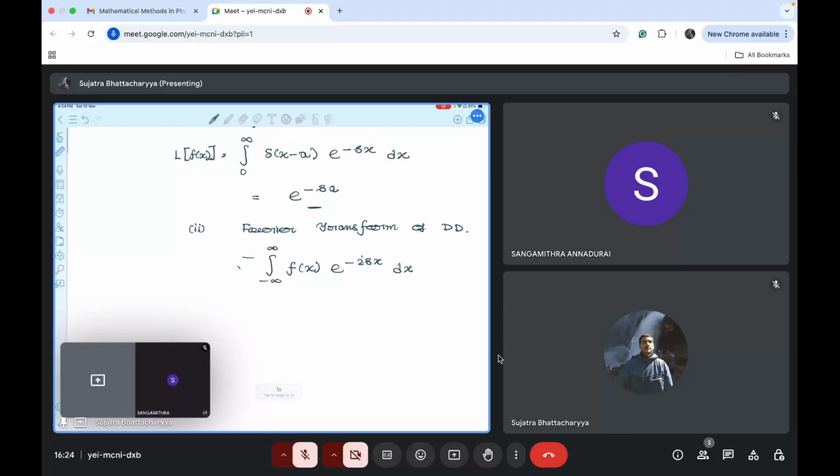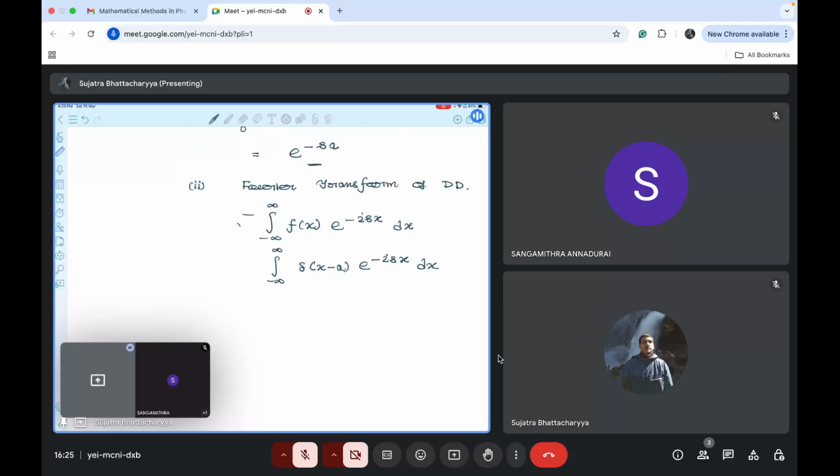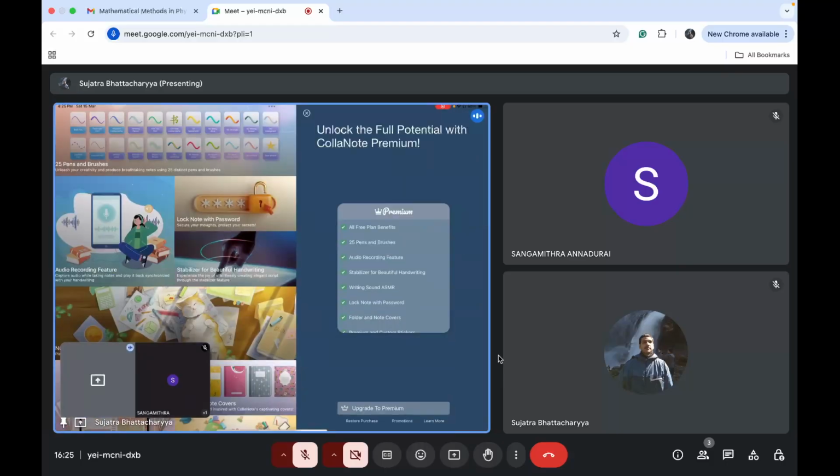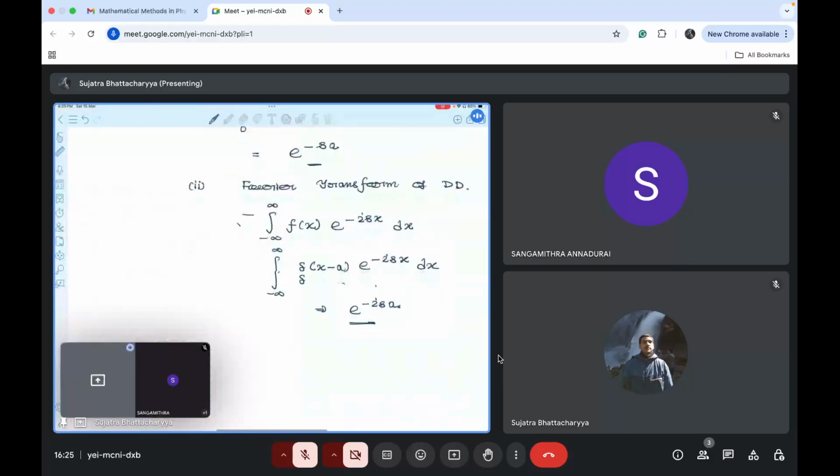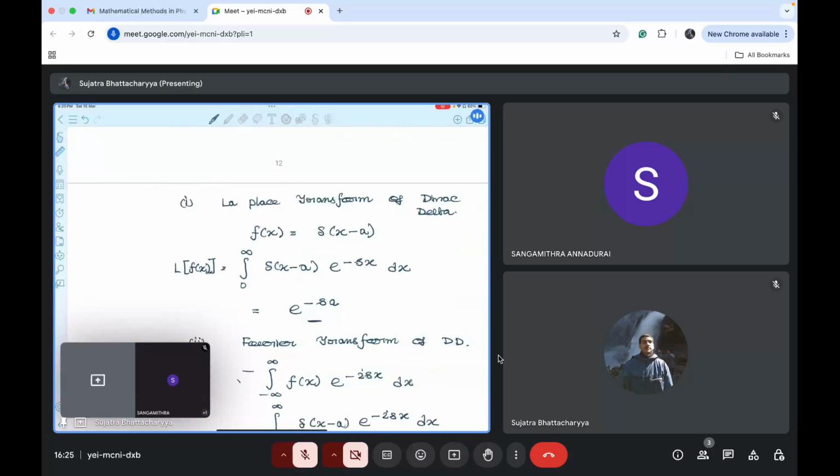So for the Dirac delta, you have the integral from minus infinity to infinity of delta(x minus a) e to the power minus iota s x dx. So finally we will get e to the power minus iota s a. Along with that, you can put 1 upon root 2 pi, whatever it is. Fine. So this is how you calculate the Laplace transform and Fourier transform of the Dirac delta function.